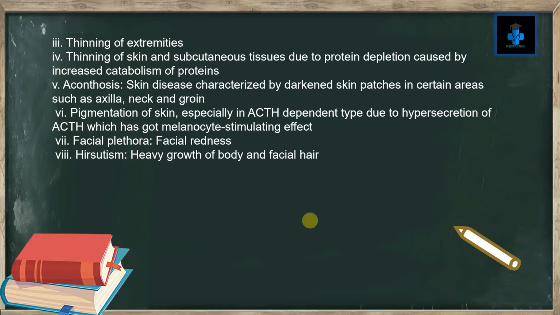Pigmentation of skin, especially in ACTH dependent type due to hypersecretion of ACTH, which has got melanocyte-stimulating effect. 7. Facial plethora, that is facial redness. Number 8 is Hirsutism, heavy growth of body and facial hair.